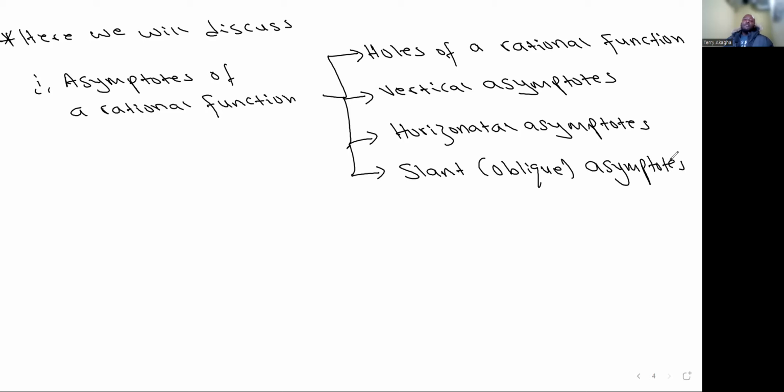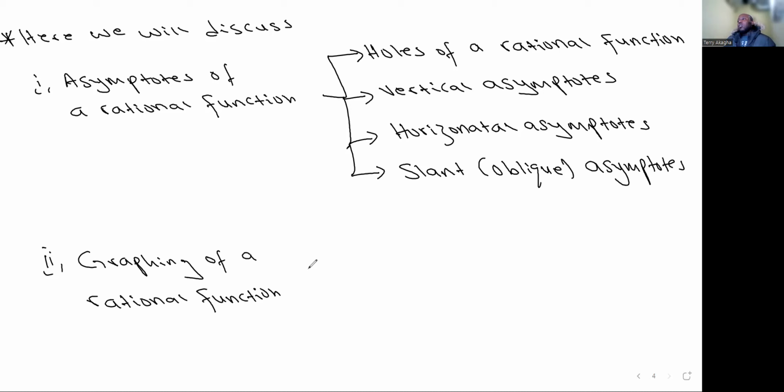All right, so these are the 4 things I'll talk about: the holes, the vertical asymptotes, the horizontal asymptotes, and the slant asymptotes. Then when we are done with that and you can find them, I'm going to show you how you graph. We're going to talk about graphing of a rational function, the rules and how you do that, and we're going to do some sketching as well.